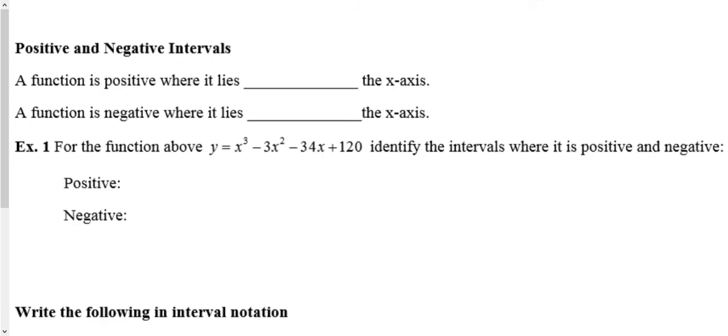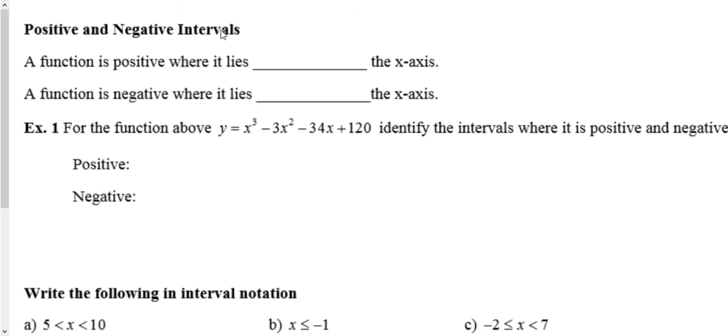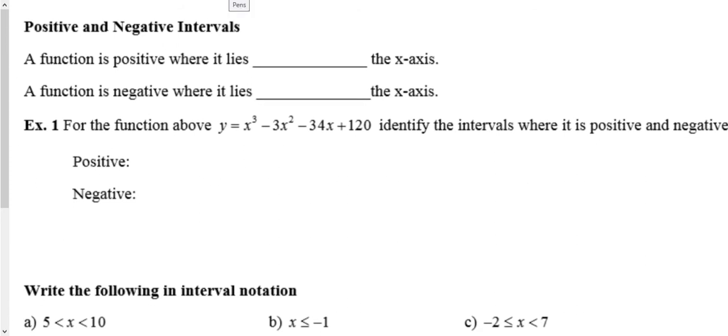So going right into some notes here, we have this note that says positive and negative intervals. A function is positive where it lies above the x-axis, and it is negative where it lies below the x-axis.